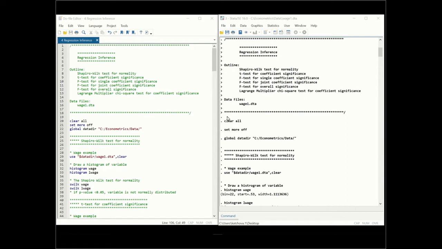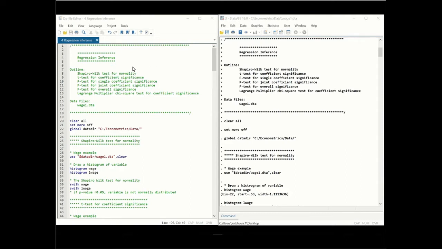I have opened up here the program and I have already executed it by highlighting everything and clicking on do. So you can download this program and download the data file wage1.dta and specify where the data is located, and then you can run the program.